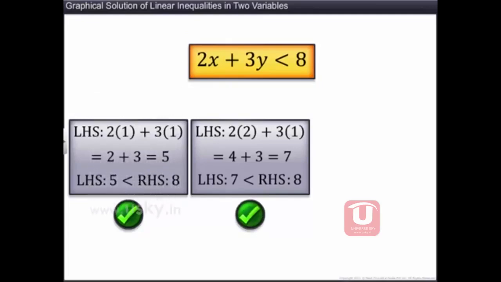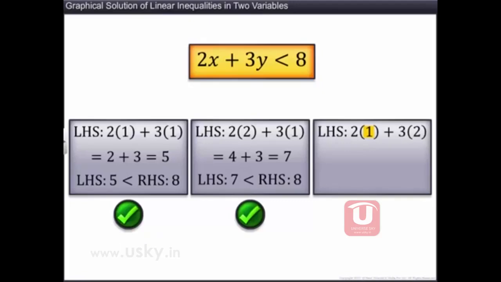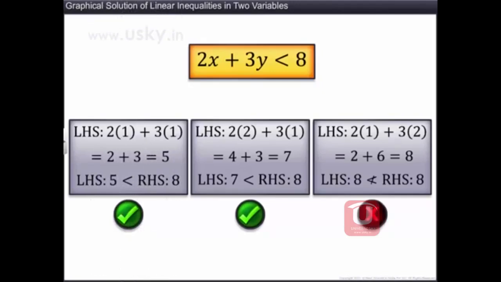Next, we substitute 1 in place of x and 2 in place of y. We can observe that the value of the left-hand side is not less than the value of the right-hand side. We can say that x equal to 1 and y equal to 2 is not a solution of the inequality since the statement of the inequality does not hold true.